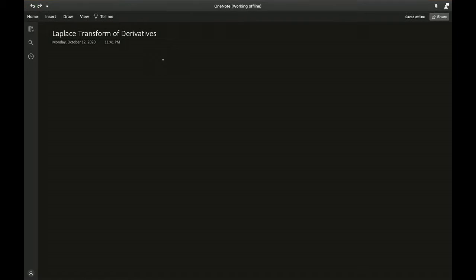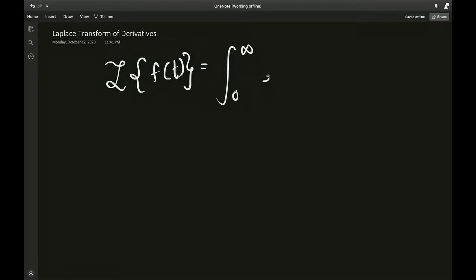Okay, so for a general recap, if you guys have forgotten, the Laplace transform, which we denote by this curly L, of a function of t is the integral from 0 to infinity of e to the negative st f of t dt, which we can denote as capital F of s.